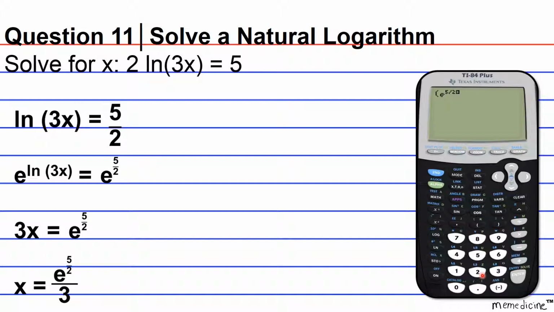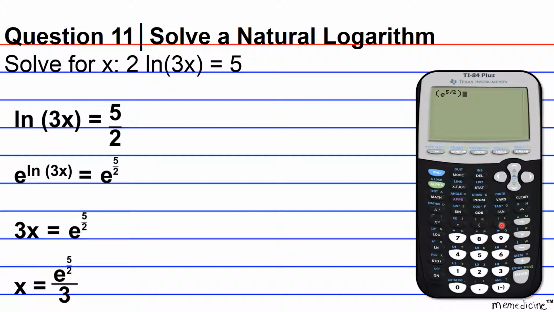Then we press the right arrow to get out of inputting the exponent, and we enclose our numerator in a set of parentheses by hitting the close parentheses button. Now we divide by hitting the division sign, and we input our denominator, which is 3. Then we hit enter in order to get the answer.